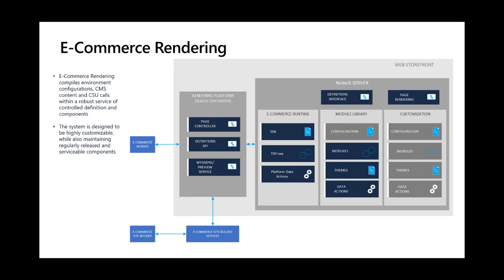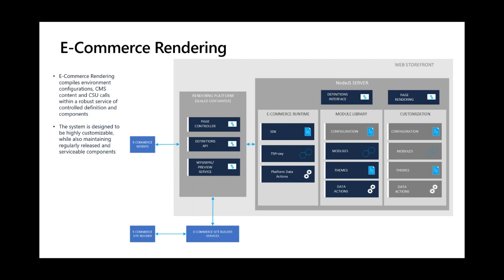Now, if you look at the diagram, we're noting a lot of the activity happens in the Node.js server that's provisioned when you provision your e-commerce environment. The rendering service here has a robust definitions interface, as well as page rendering rules, so that it knows how to interact with all the components that are being utilized in this environment.